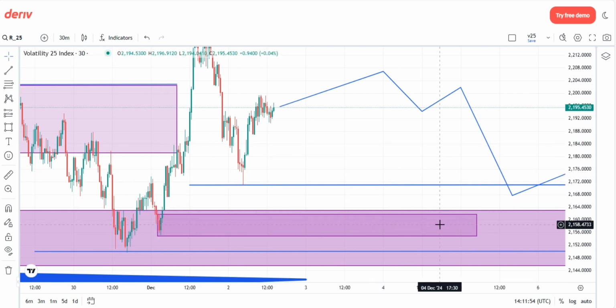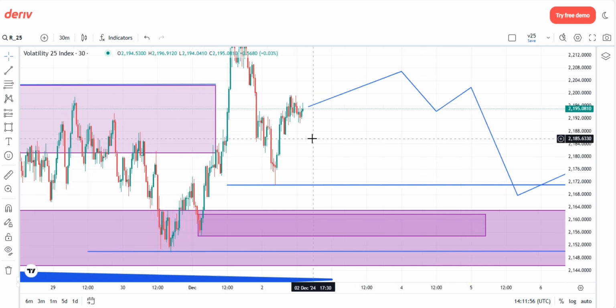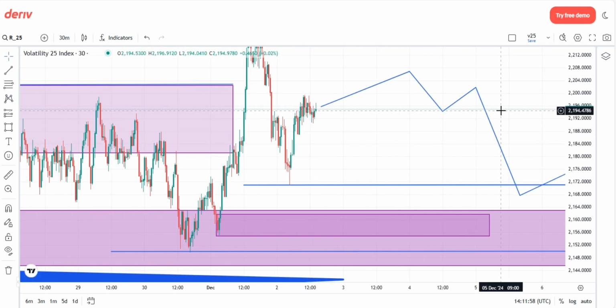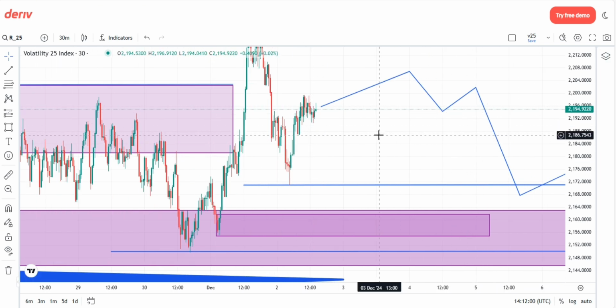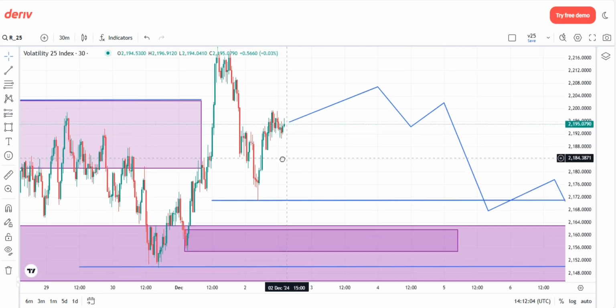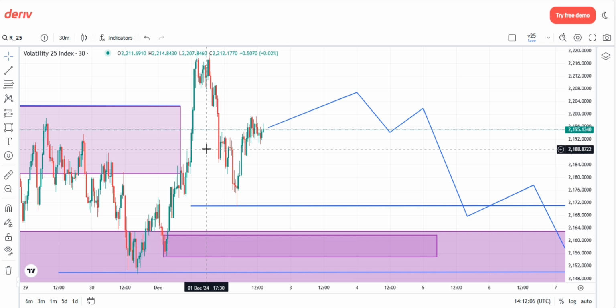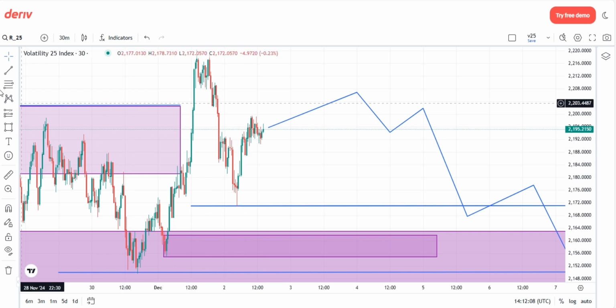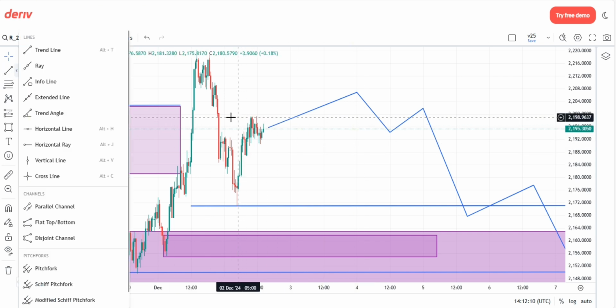So I'm going to scalp here when the market reaches this area. I'm going to be waiting patiently. If all goes well, I'm going to make money. If things go south, I'm going to lose some money, and I will be waiting.